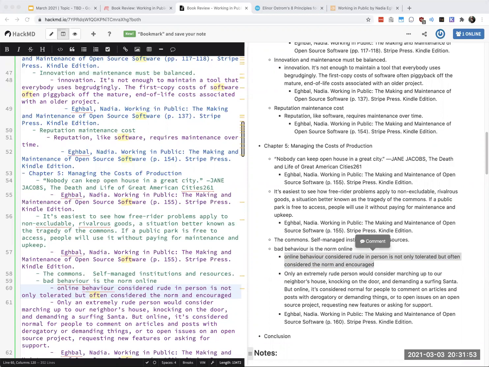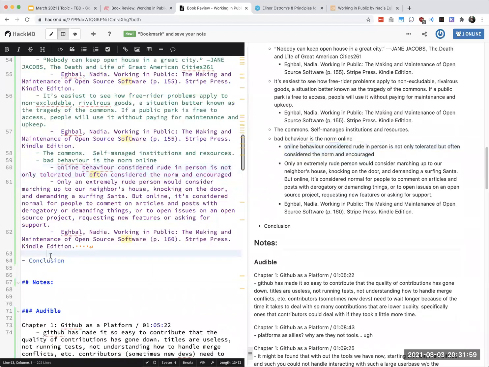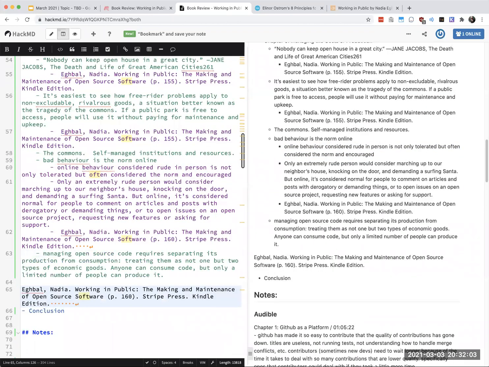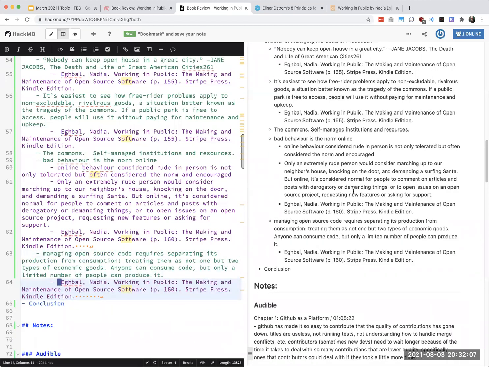Let's see, I'm going to grab this next highlight that I thought was good. Managed open source requires separating production from consumption, so treating them as two different parts. Anyone can consume, but only a limited number of people can produce.